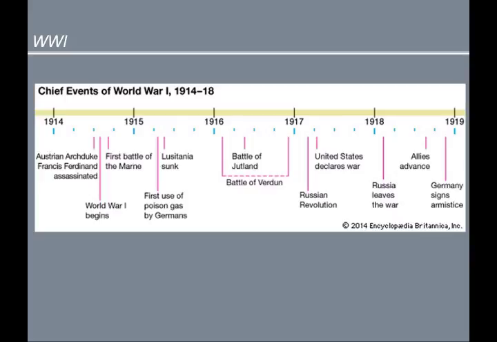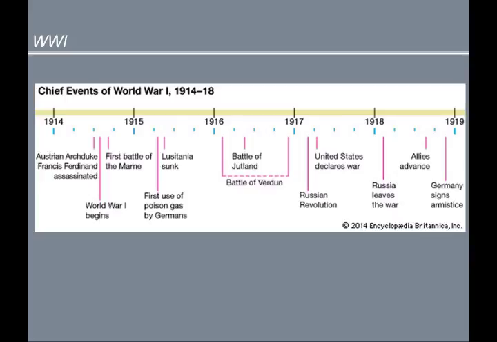The two sides were known as the Allies, consisting primarily of France, Great Britain, Italy, Russia, and later, joining the war quite a bit later, the United States. And then on the other side, the Central Powers, comprised of Austria-Hungary, the Habsburg Empire, Germany, and the Ottoman Empire.